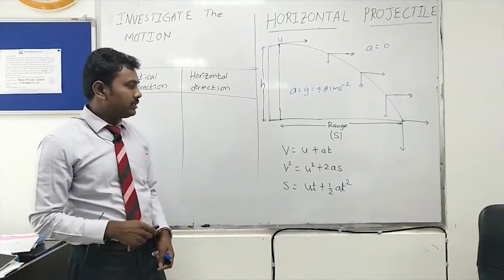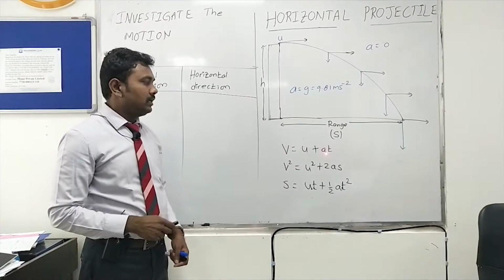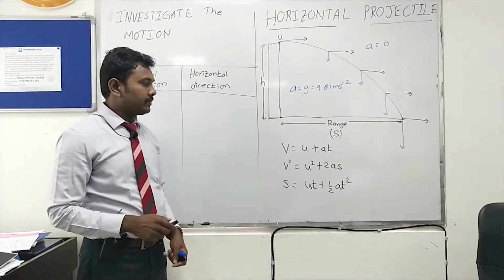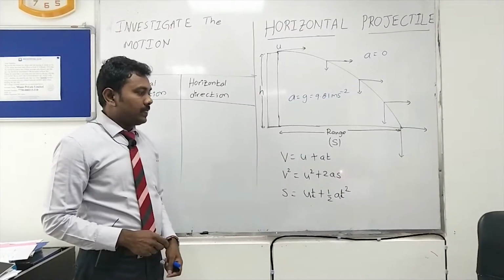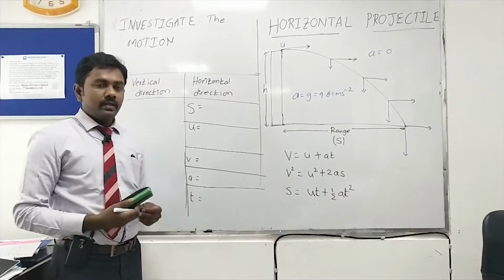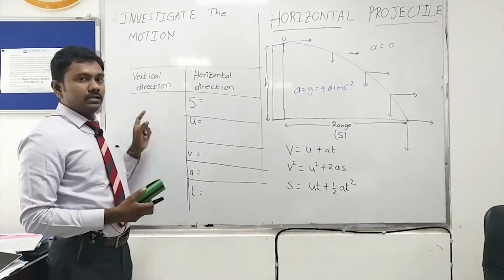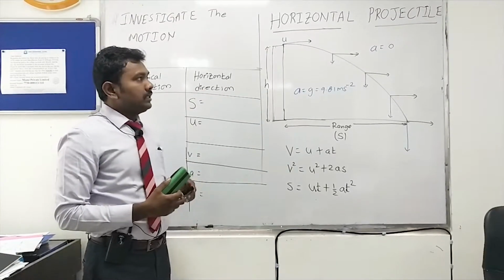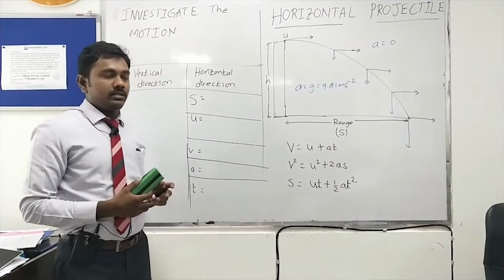Here u is the initial velocity, v is the final velocity, a stands for acceleration, t stands for time, and s stands for the displacement or distance. Let us investigate the motion in the horizontal direction and the vertical direction separately. In the horizontal direction we know that the acceleration of the projectile is 0.